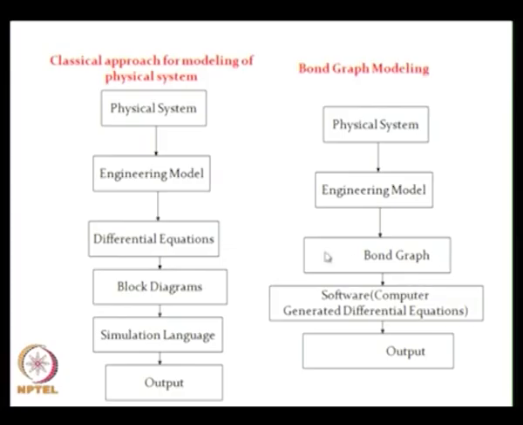That is the main difference between Bondgraph and the classical approach. We bypass the differential equations, because the creation of equations and the block diagrams will be carried out by the software itself. So we have standard software to do the job.